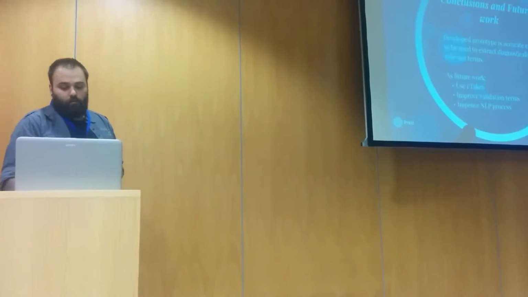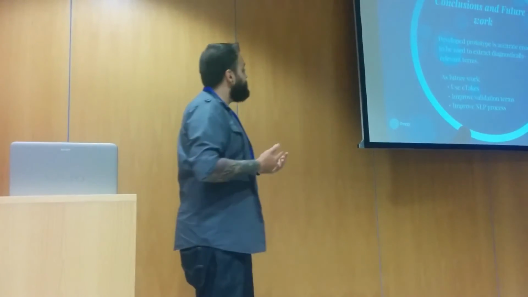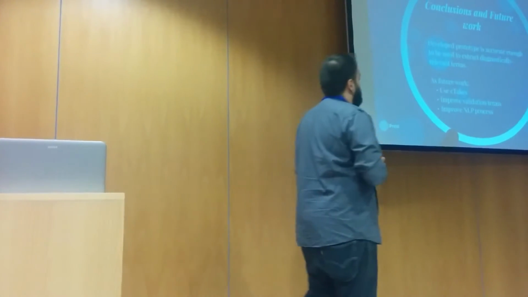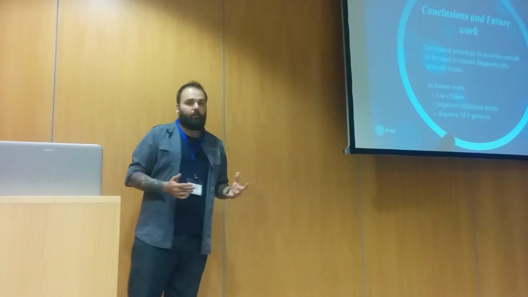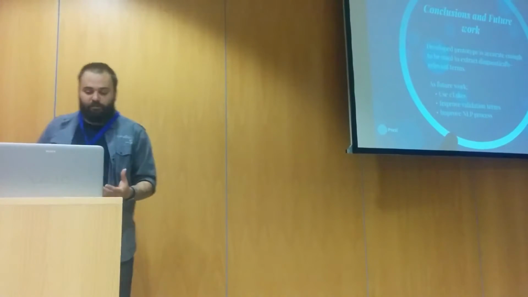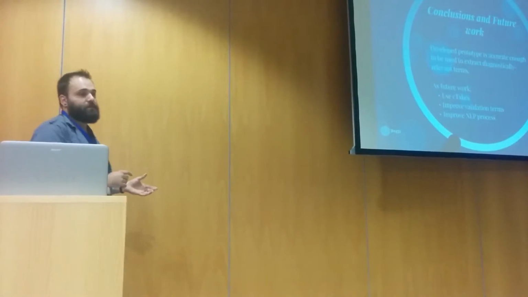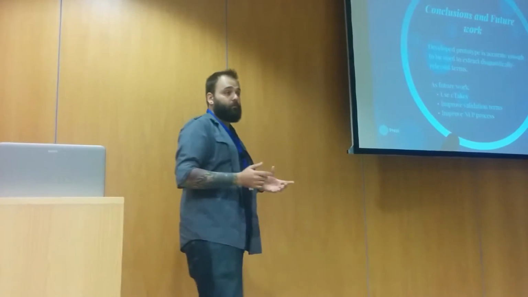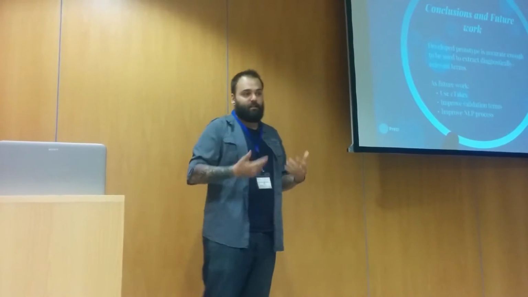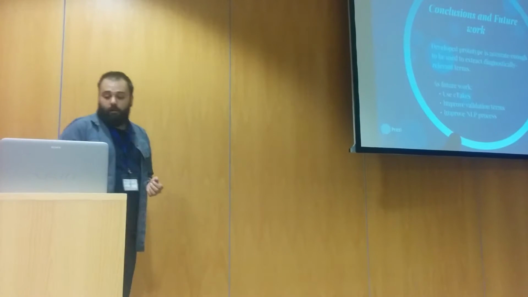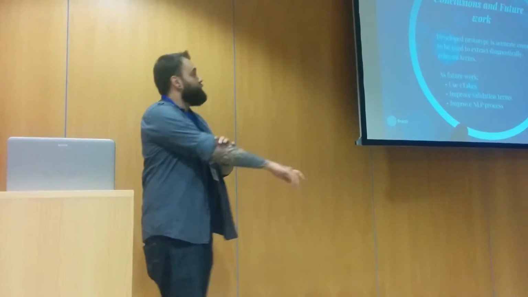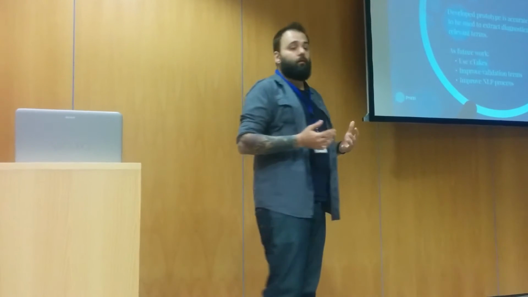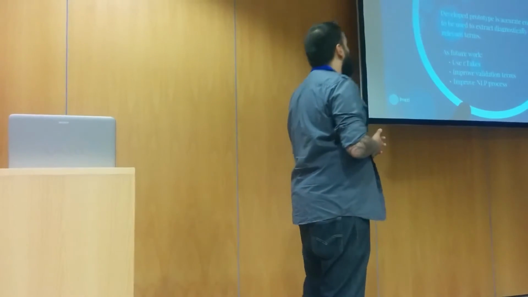As conclusions and future work, we think the developed prototype is accurate enough to be used, but it can be improved. One improvement we want to make is, for example, to use Apache cTAKES instead of MetaMap, to see if the NLP process itself can be improved. We also want to improve the validation terms, for example, to include these acronyms that are not now in our list.